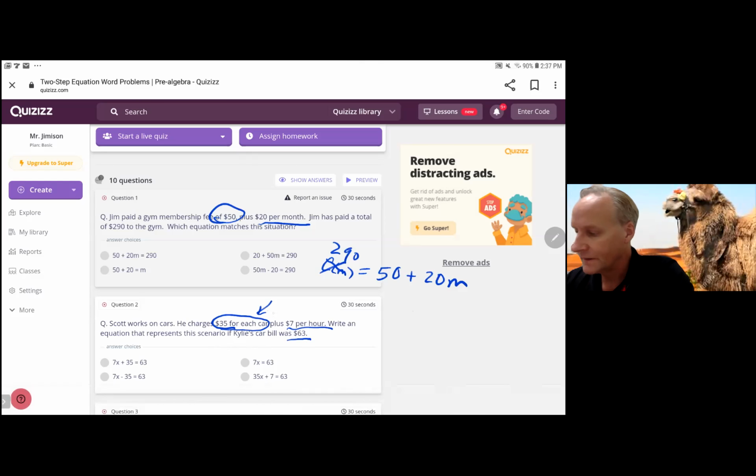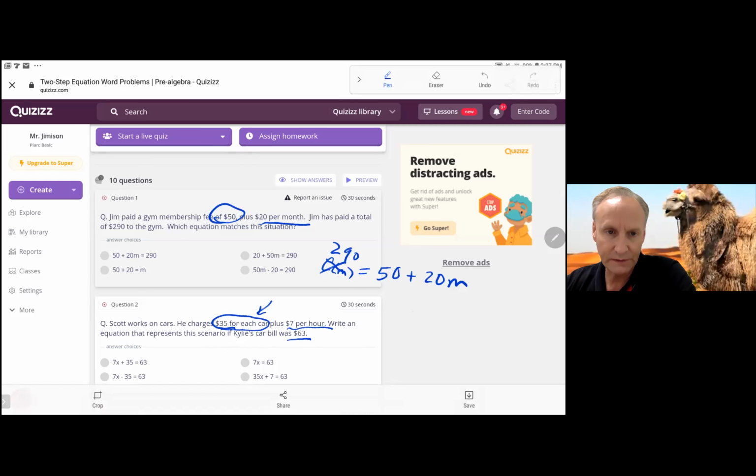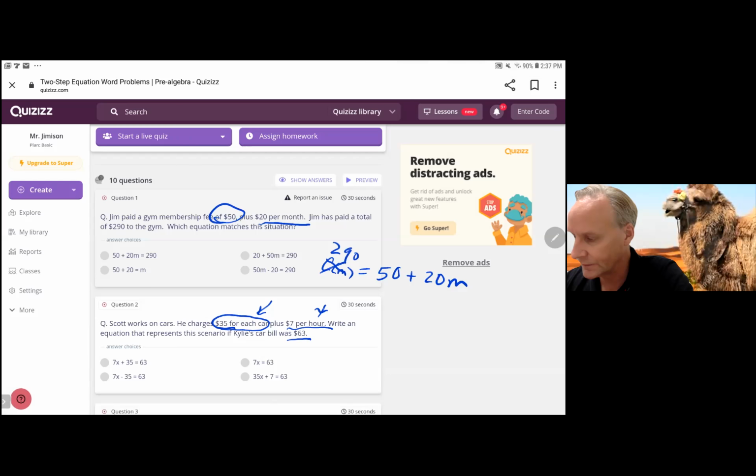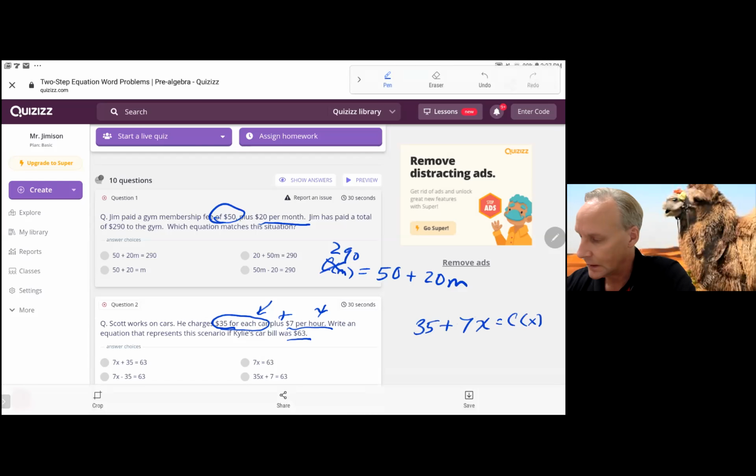Well, it's a little bit confusing because the $35 is the car charge, and then he charges $7 per hour. What I'm assuming is that the X's are the hours. So it's going to be $35 plus $7 for the hours. And this is the cost of working on a car based on the number of hours. Hopefully they got their answer right.